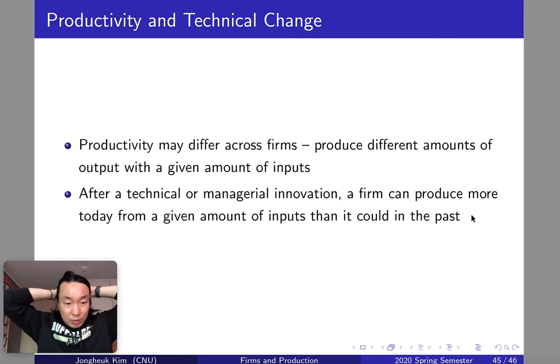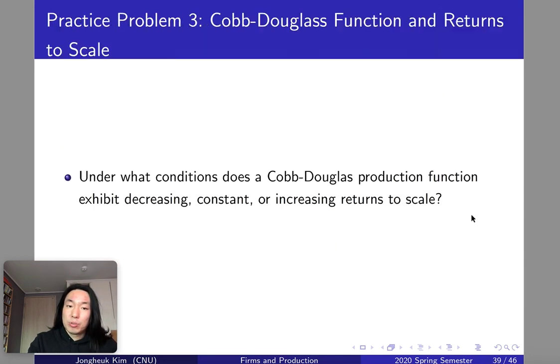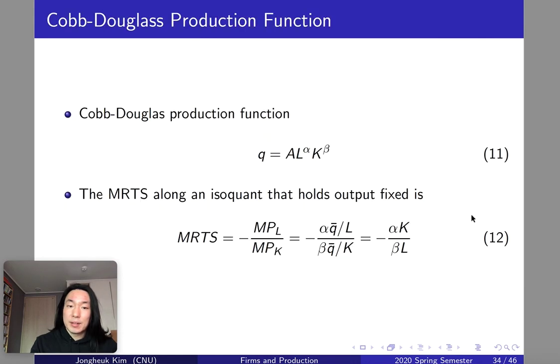The last thing we need to discuss is technology. Changing technology is totally another issue in economics, so we don't have much time to discuss it. But let's go back to the Cobb-Douglas functional form in equation 11.